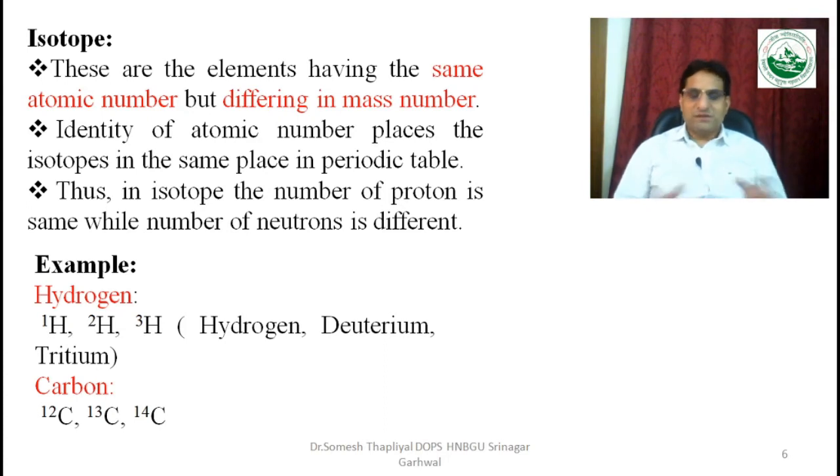For example, there are three isotopes of hydrogen: hydrogen, represented as 1H, deuterium as 2H, and tritium as 3H. Similarly, the isotopes of carbon are 12C, 13C and 14C.